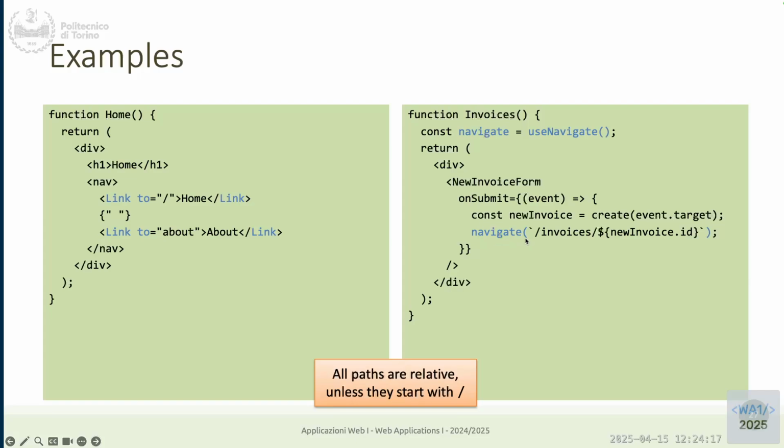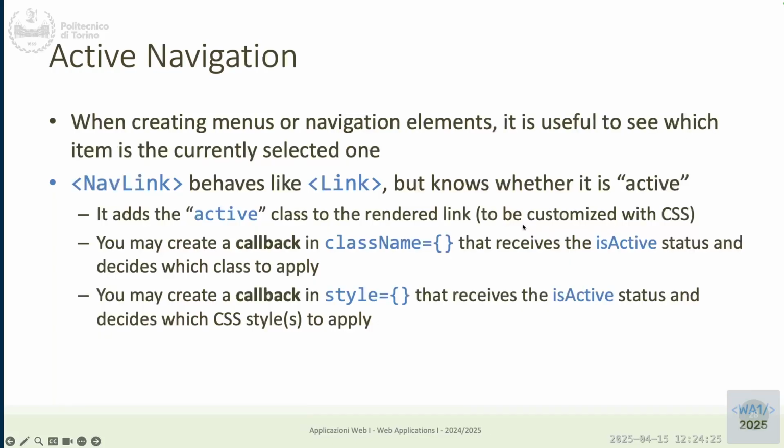It's strange because it's not just a function that we can import. We should import the hook that will create the function for us. Okay, that's the basic idea. There are some details.